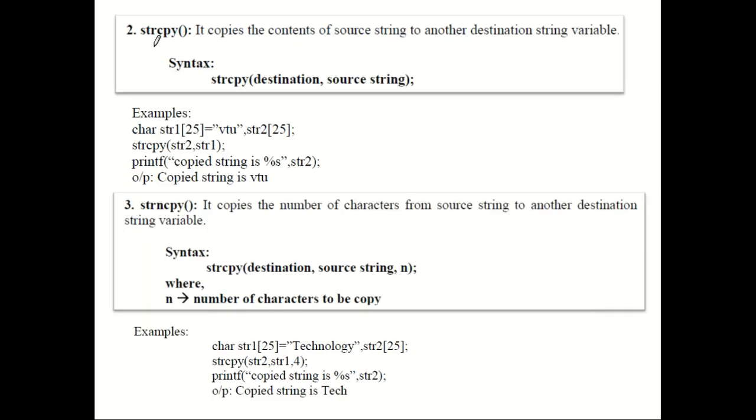Next we shall see the function strcpy. It copies the content of the source string to another destination string variable. The syntax is the strcpy function with the destination string and then the source string.